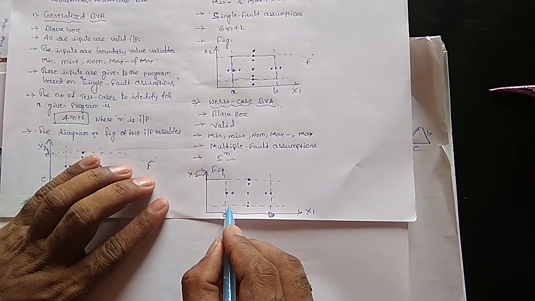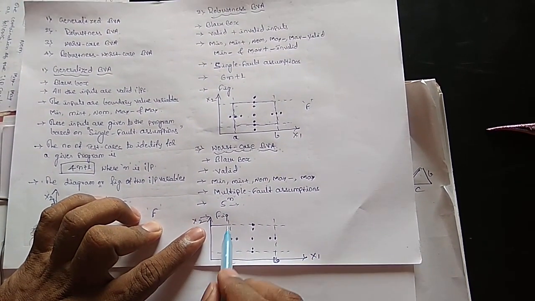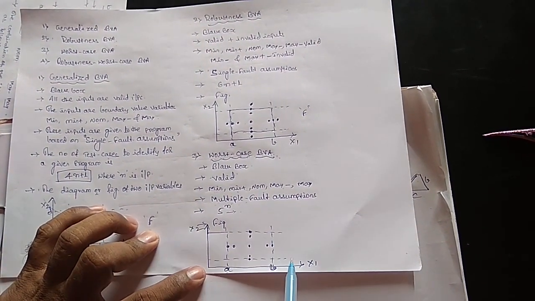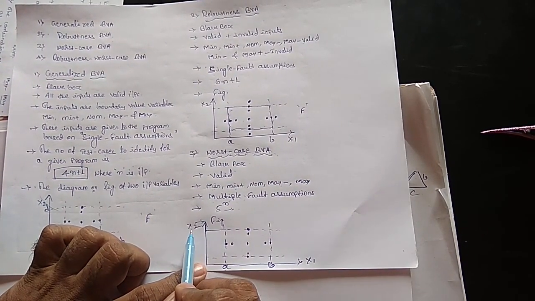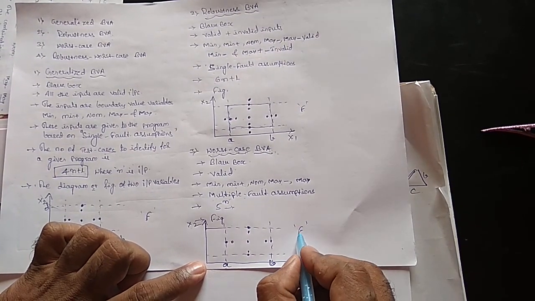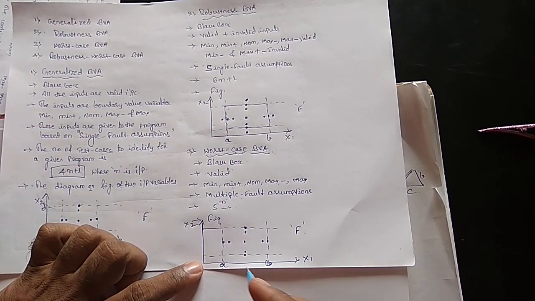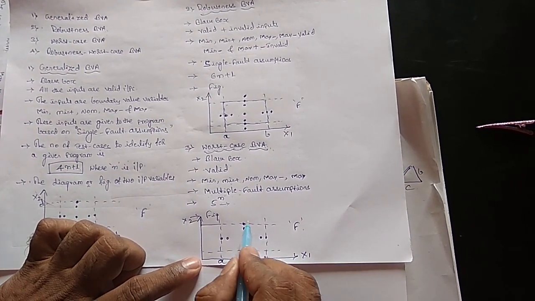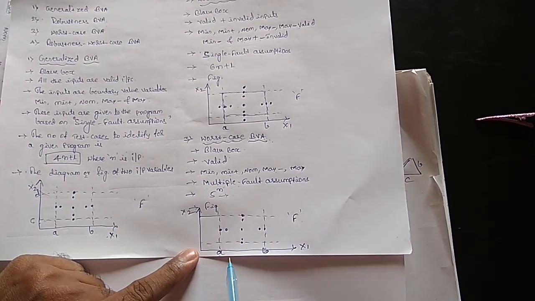Now you can see this figure. I will explain. For 2 input variables, we have drawn the worst case boundary value analysis diagram. Here x1 is one input variable and x2 is another input variable for a function f. F is implemented as a program, so x1 and x2 are the 2 input variables for that program. This is the diagram we already went through with the generalized boundary value analysis method.